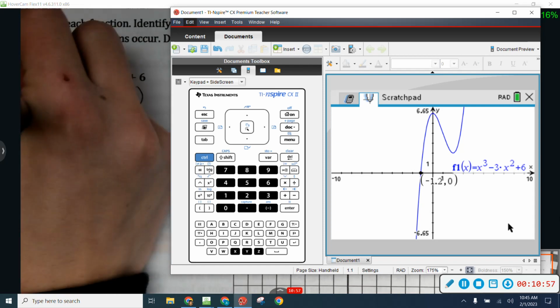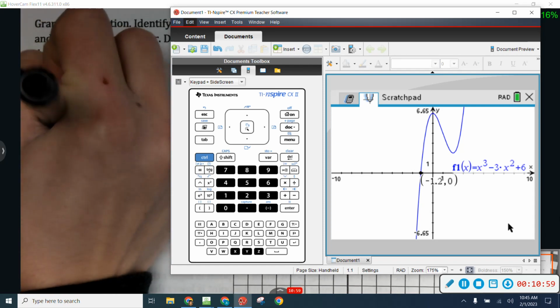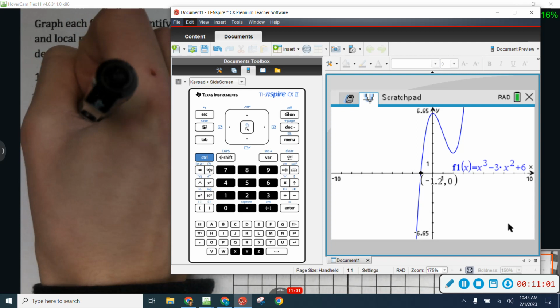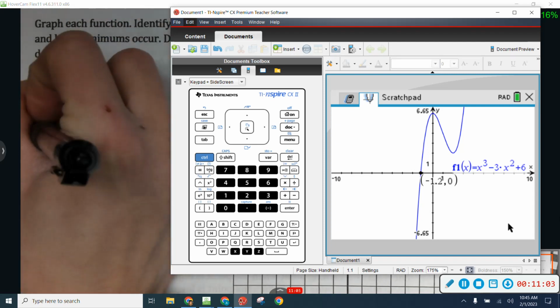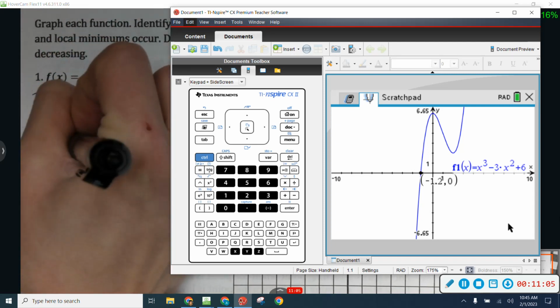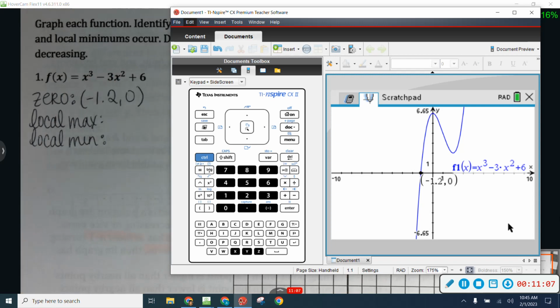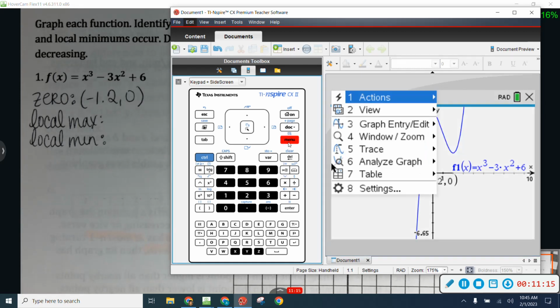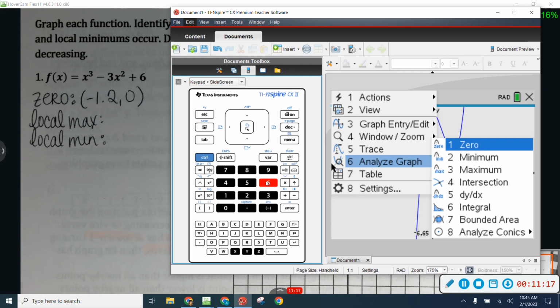Now I need to do my local max and my local min. So to find your local max, yes, I can look at this and identify it, but if you want to be accurate, you can do menu 6, and then maximum is option 3.